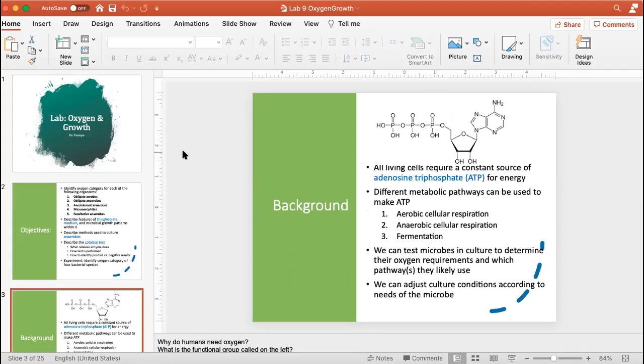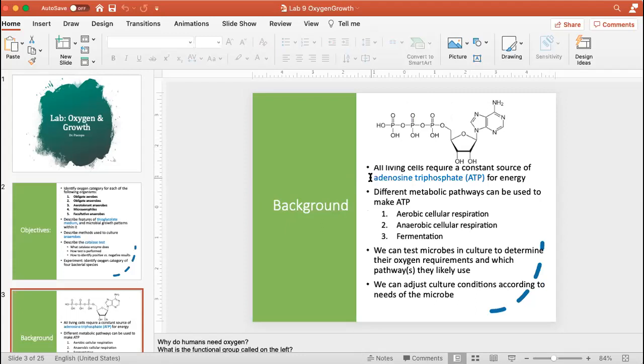So I'm just going to review a couple of the things that I talked to you about on Friday regarding oxygen and why oxygen is required by some life forms on planet Earth. We know that all living cells, all of them, require a constant ongoing supply of this molecule called ATP.